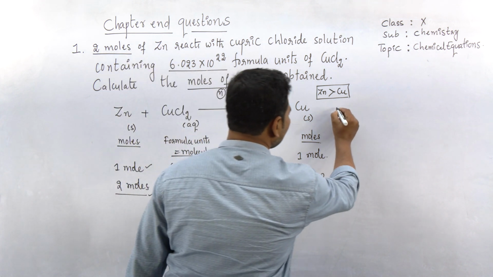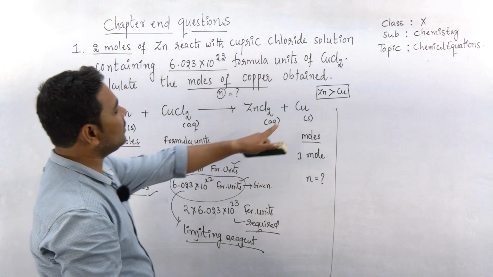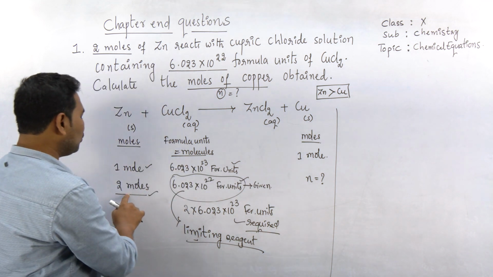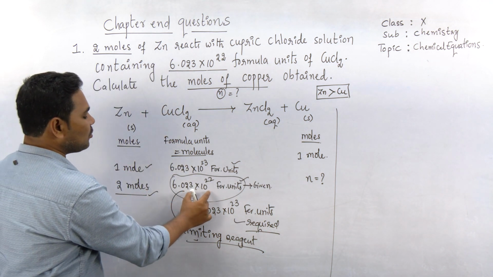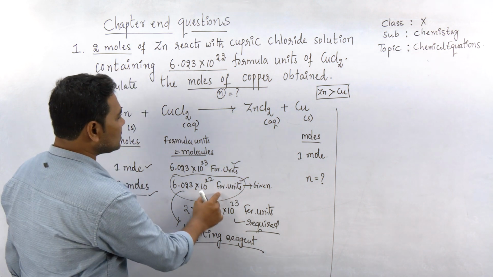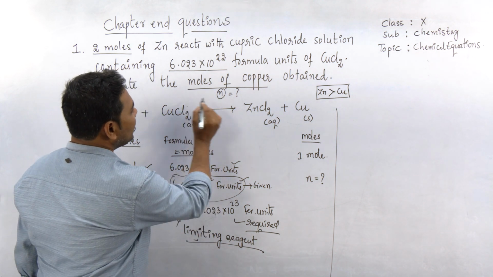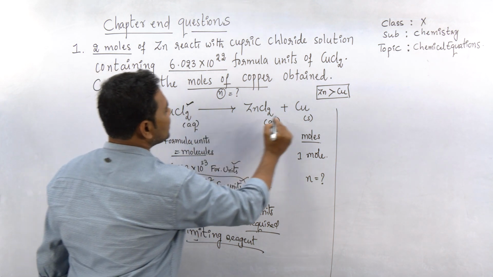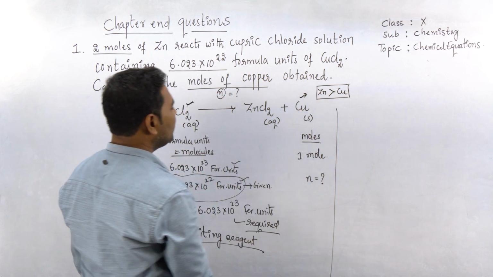So now the question is, the number of moles of copper obtained when 2 moles of zinc react with 6.023 × 10^23 formula units. Now this cupric chloride decides the amount of copper that is obtained.